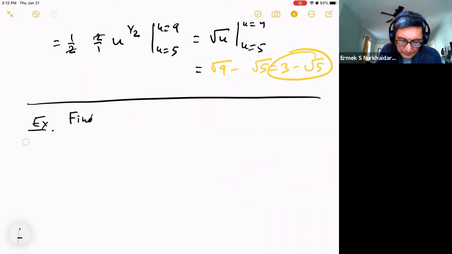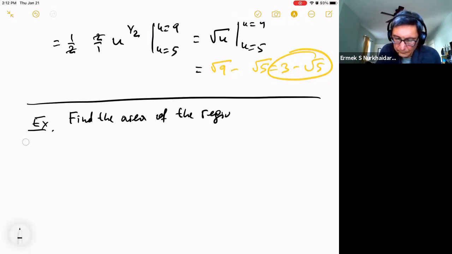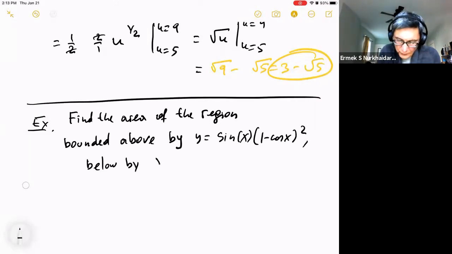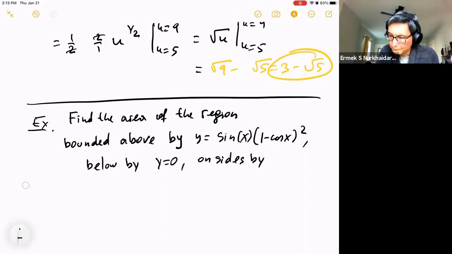Find the area of the region bounded above by y equals sine x times 1 minus cosine x squared, below by y equals 0, on the sides by x equals 0, x equals pi.